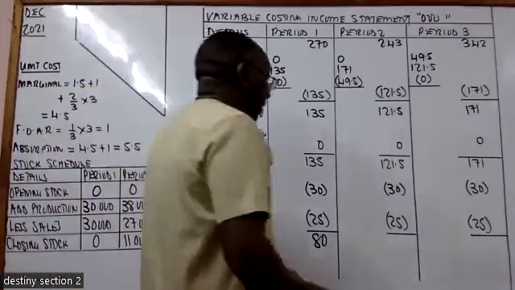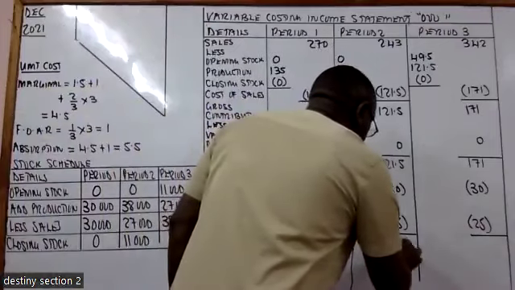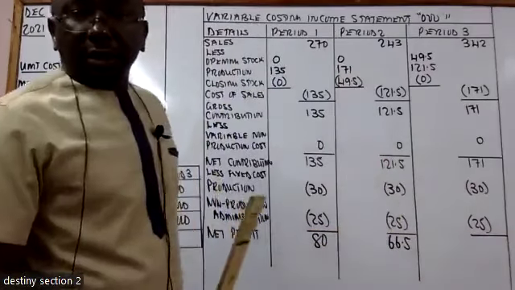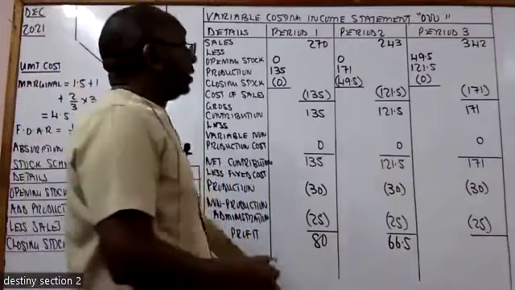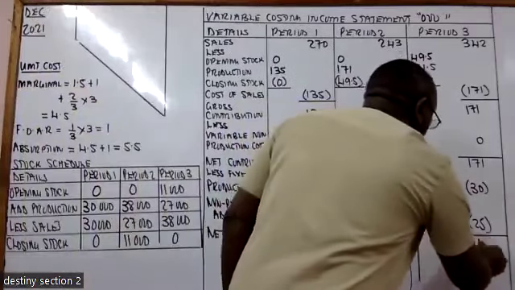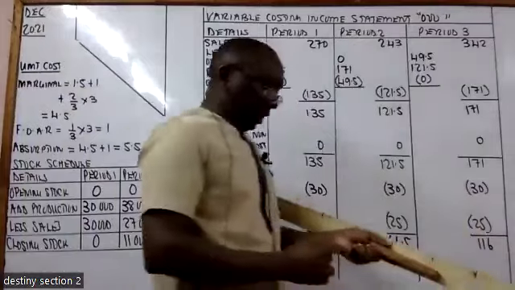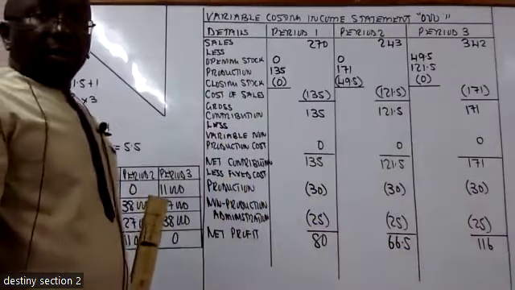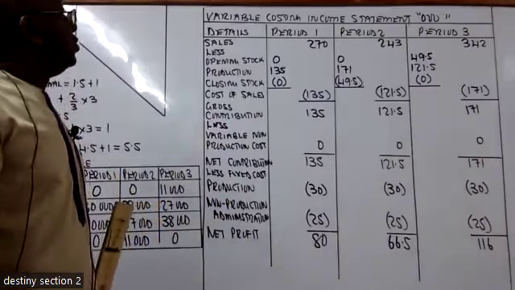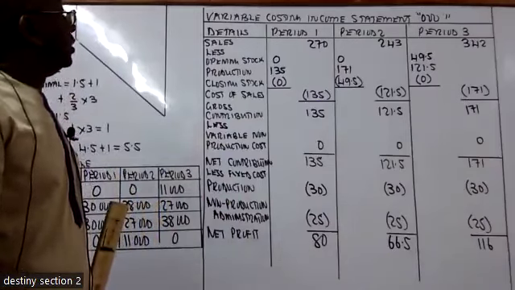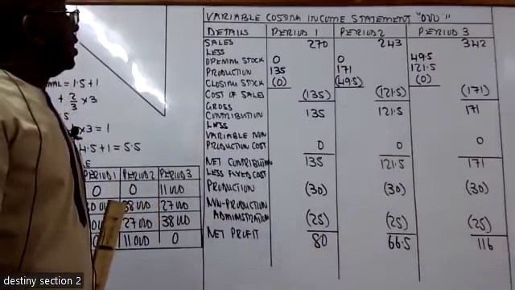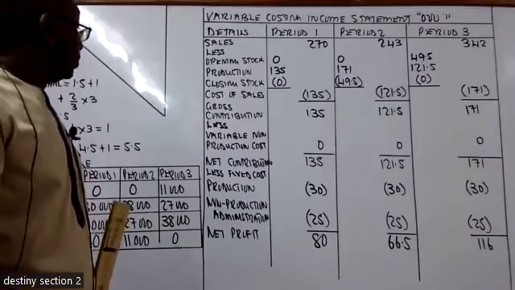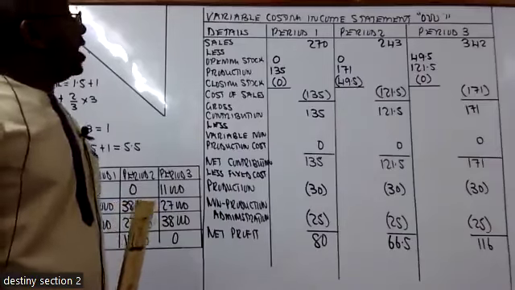It's the 6.5. And the last one is 115. 116. So you can double the rule. So that is how you do the what? Huyu anaitwa the variable costing.